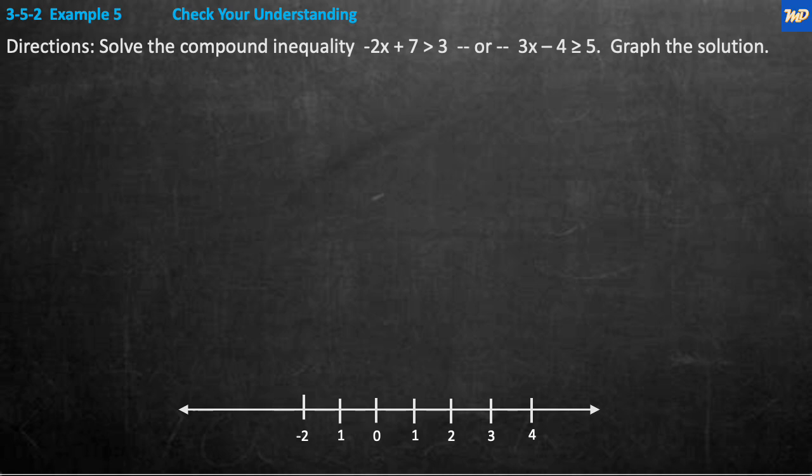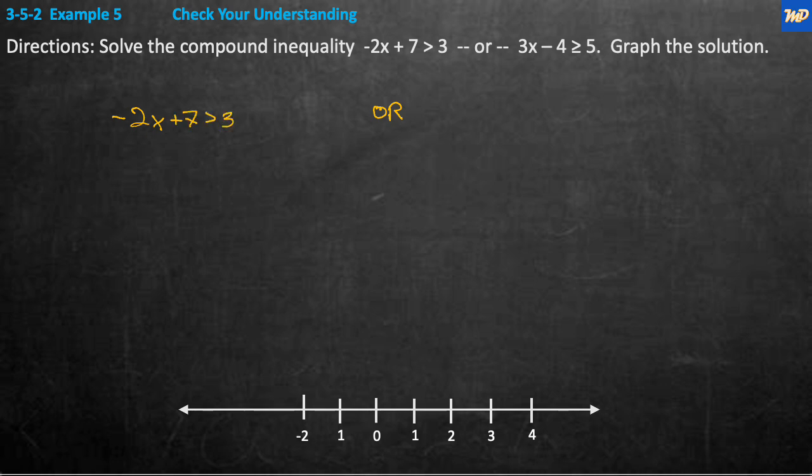Okay, now that I'm assuming you've stopped the video, worked the problem, and come back with good solid answers, let's go ahead and give it a try. First of all, I'm going to start out by writing an or right here, right in the middle. And we're going to have 2 inequalities. Over here, negative 2x plus 7 is greater than 3.